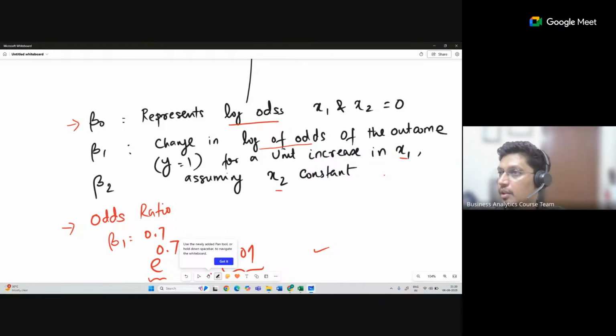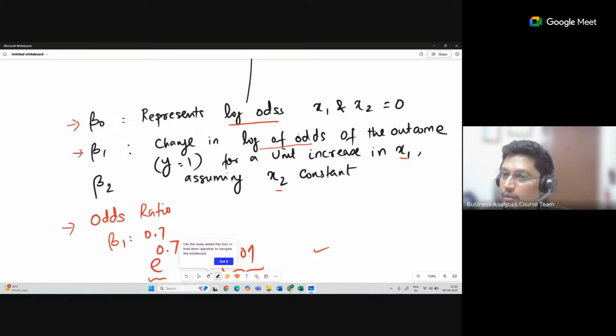If you increase it by 1 unit to 2001, how will your outcome change? Or if age goes from 35 to 36, the change in the log of odds of the outcome will increase by this beta 1, assuming the other variable is constant. That's all.